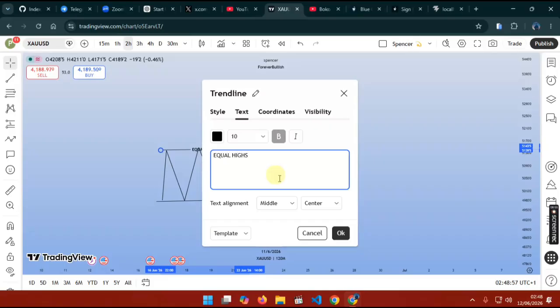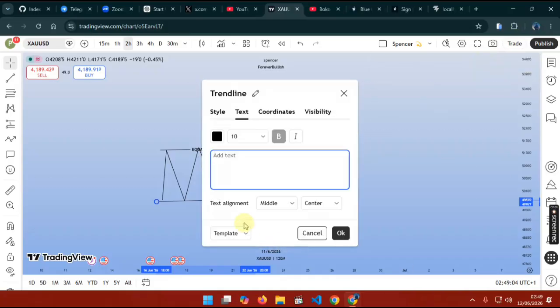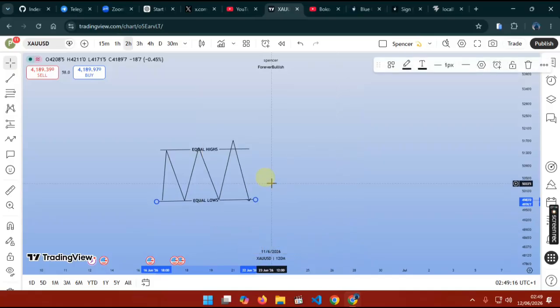So this is our equal highs, and this is our equal lows here now. The market is moving neither to the upside nor to the downside, but it's giving us equal highs and equal lows.